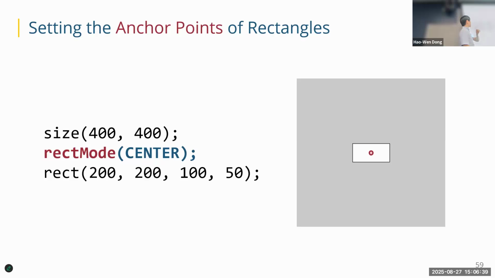We will get to that today. And in rectMode, the M is capitalized. This is what we call camel case. It should be straightforward: some lowercase and uppercase letters to make it more readable, basically.